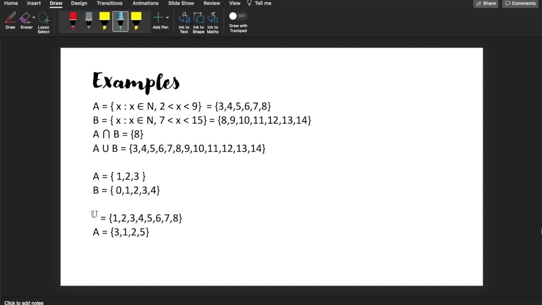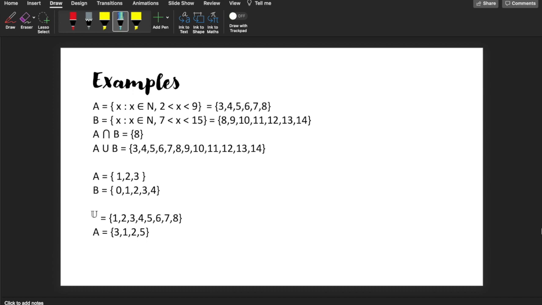We'll look at intersection here. So what is the intersection here? It's basically A. If A is a subset of B, then the intersection of A and B, or A intersection B, is equal to A. And what is the union? It's basically 0, 1, 2, 3, 4.